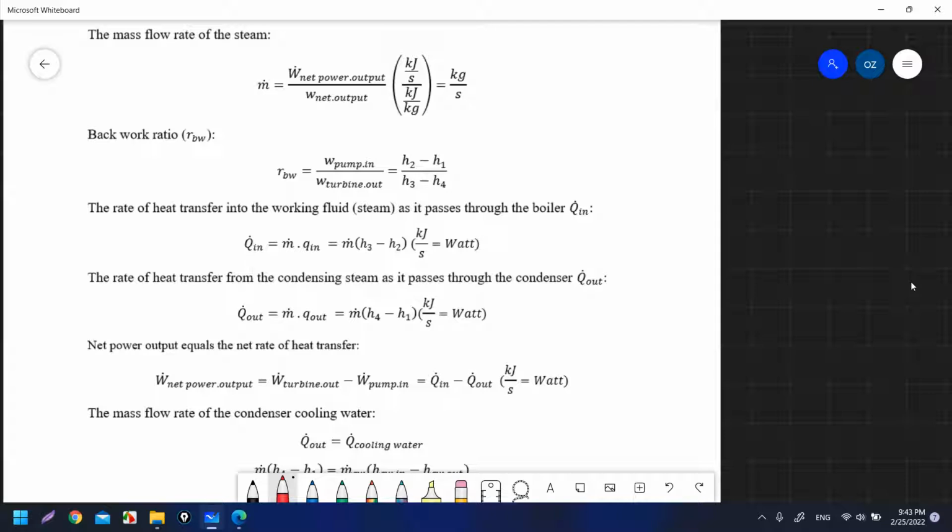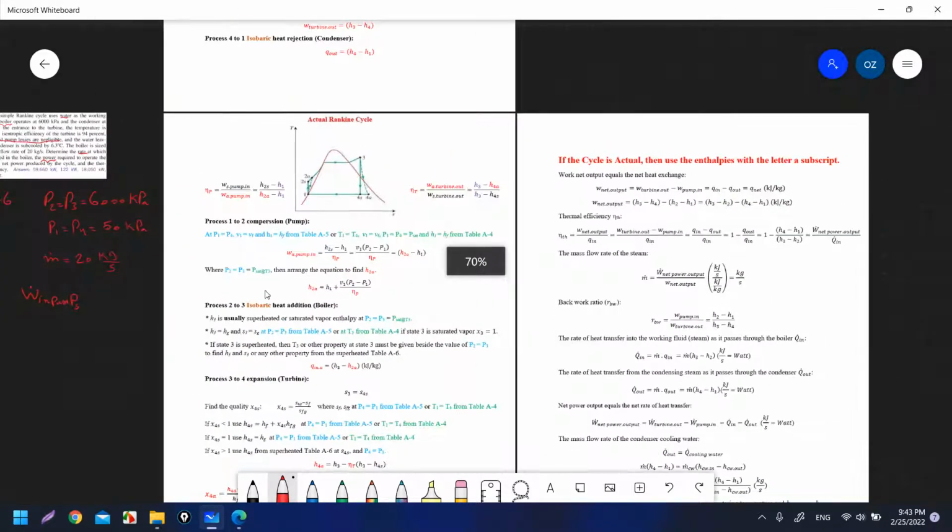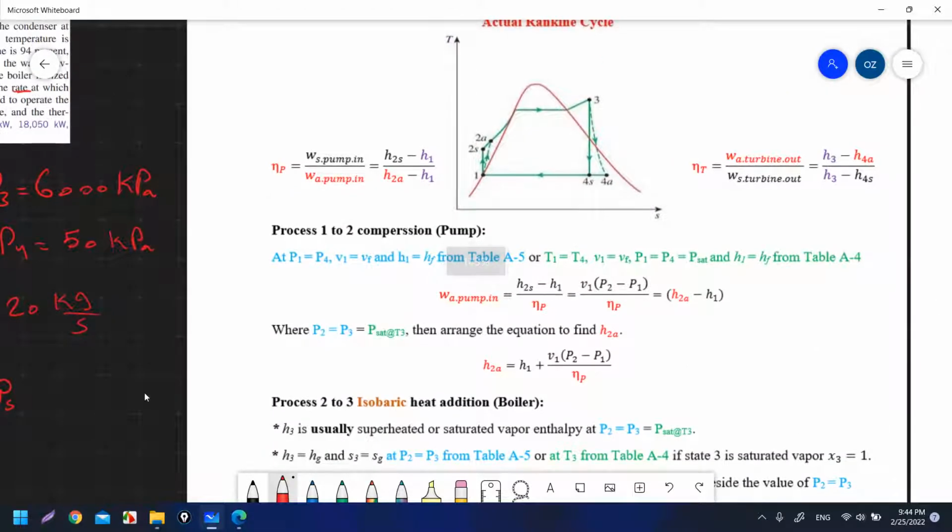And he didn't mention anything about the isentropic efficiency for the pump, and that means it is equal to 100%. It means this term is equal to this term. h1 is the same, so h2s is equal to h2a. There is no actual line here, this line is cancelled.